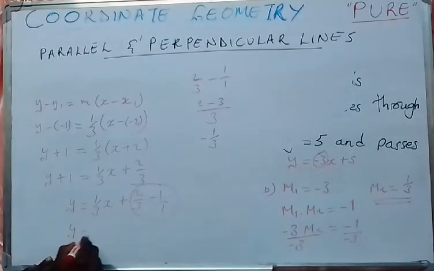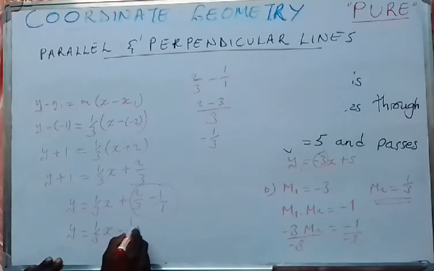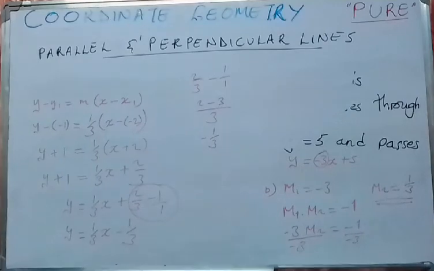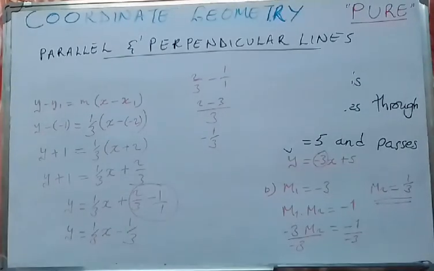Therefore, y is equal to 1 over 3 x minus 1 over 3. So we have found the line which is perpendicular to the given line 3x plus y equals 5. So this is the way to work out B. Okay, follow me again.